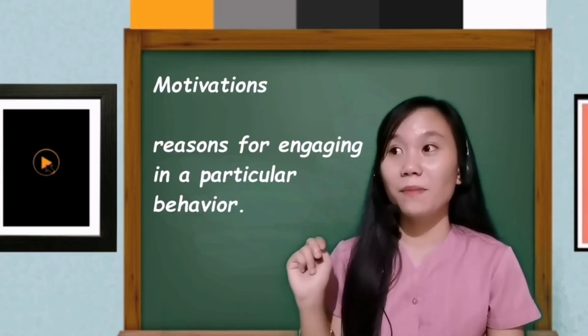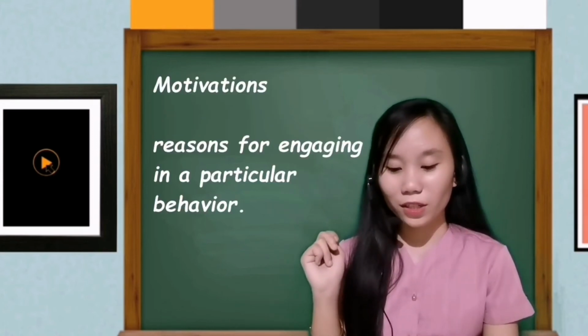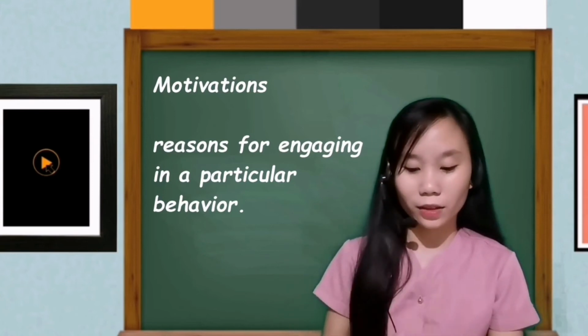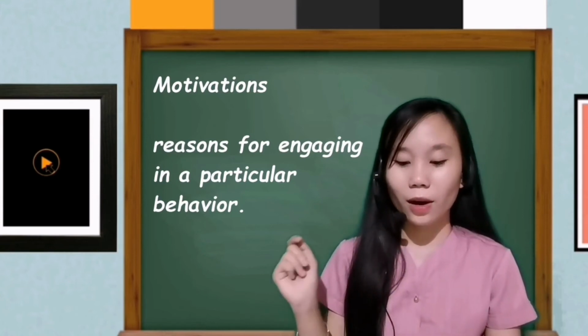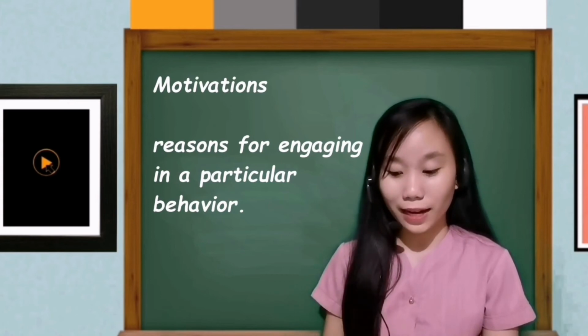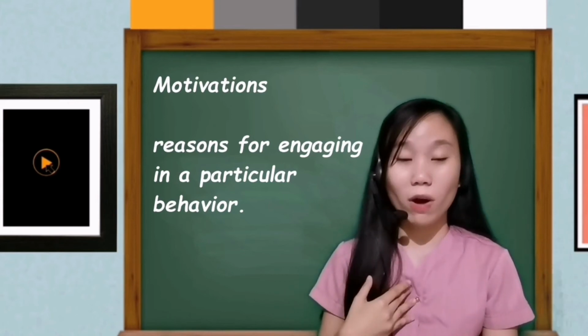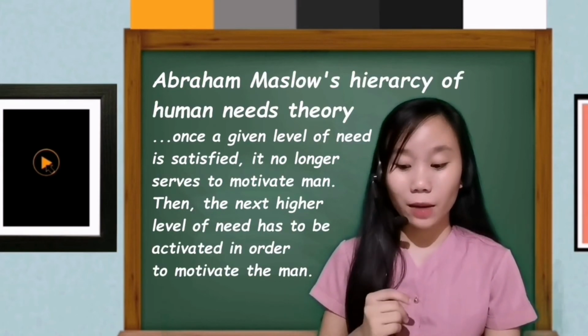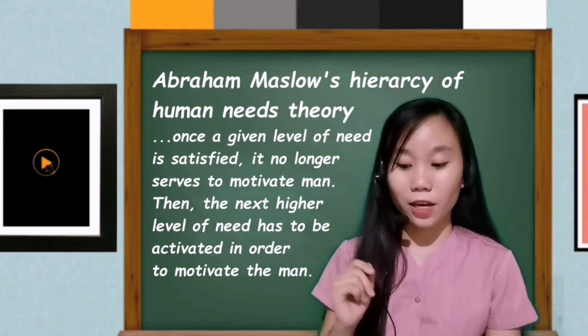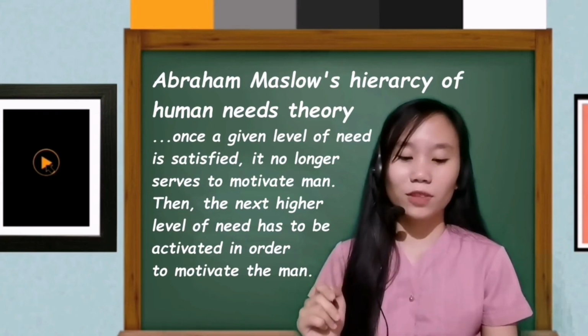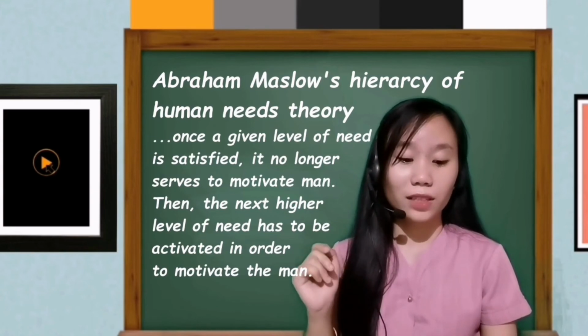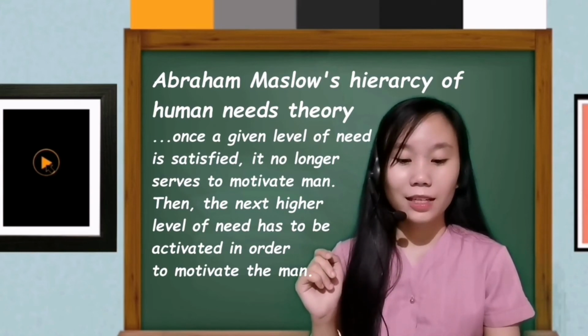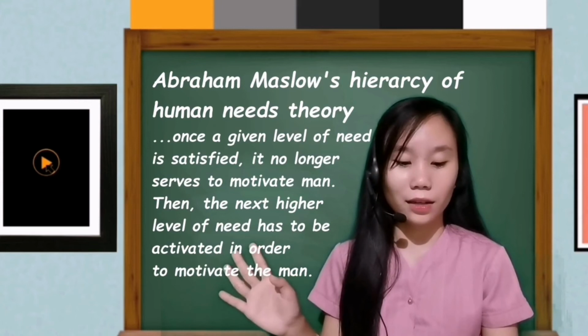Second is motivation. Motivation is the reason for engaging in a particular behavior. There are many theories that could explain human motivation. One of these is Abraham Maslow's hierarchy of human needs theory. He believed that once a given level of need is satisfied, it no longer serves to motivate man.